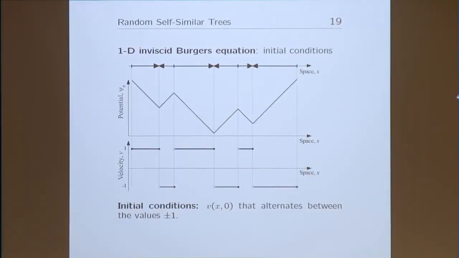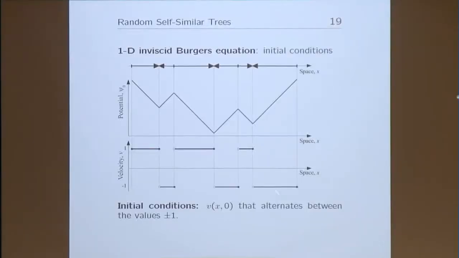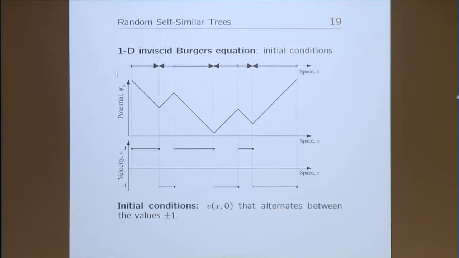So same speed, just going left or right. Later on we'll assume that the points are placed according to a Poisson point process. So that would be like a one-dimensional analog of Zeldovich conditions from astrophysics. So what would be the initial potential then? Well, exactly like minus 1, plus 1, minus 1, plus 1. These are the slopes, right?